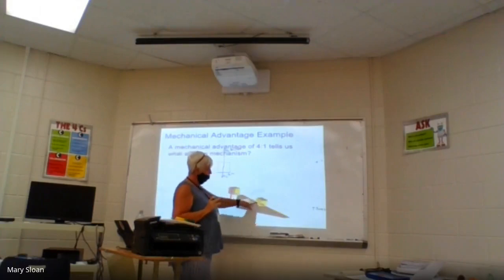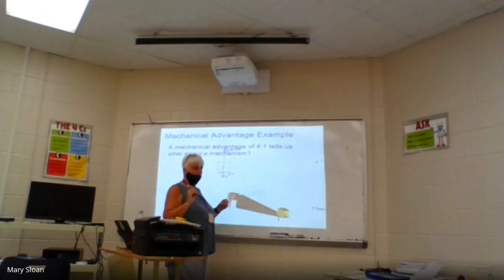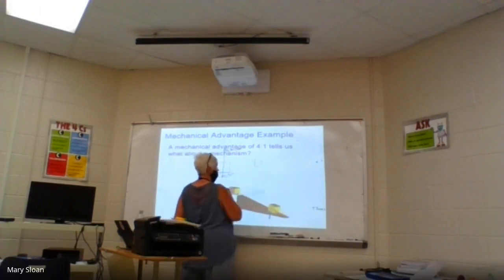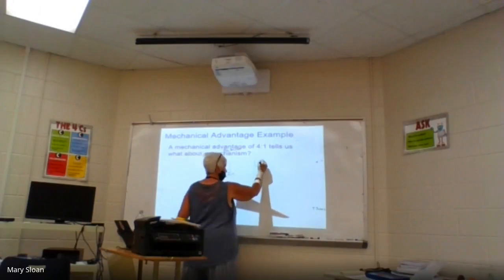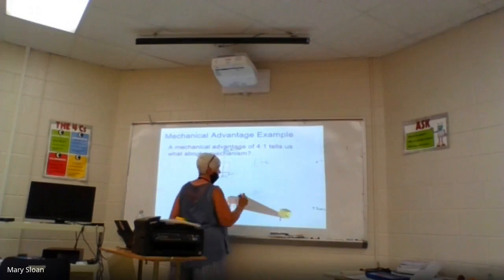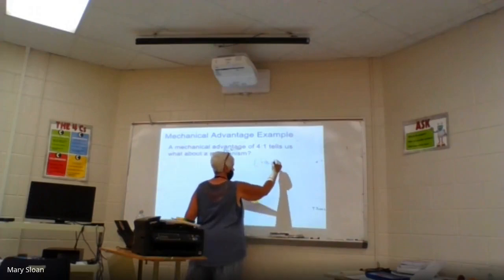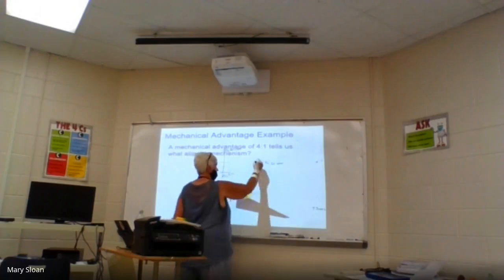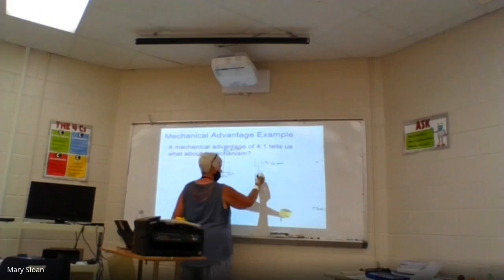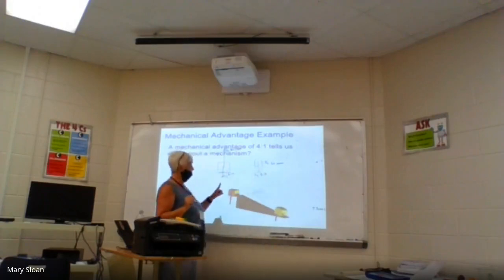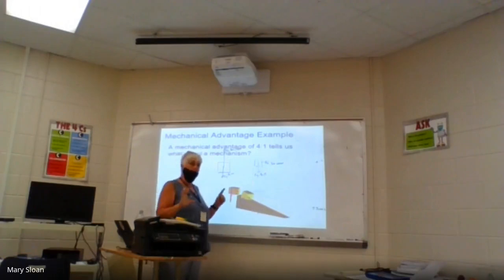But the ramp, as you can tell, has different vectors on it. If we were looking at the one with the ramp, we're going to have our force applied on the box by us, and then the force of gravity on the box by the earth is going to be different. You're going to be looking at the vectors.